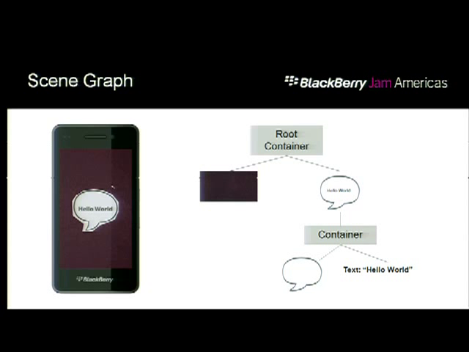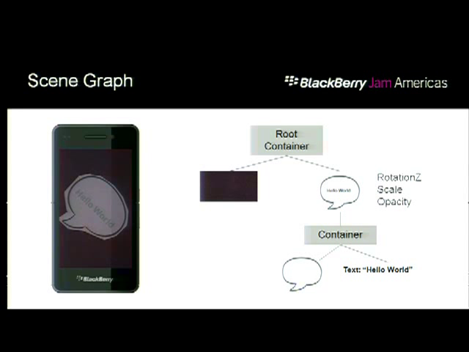So this whole part is a container that contains an image and the text, and those two are added together. And if we want to rotate and scale and change the opacity of that part of the tree, we don't do anything here. We just apply that to this end. That way you can make changes to parts of the UI without changing all of it.